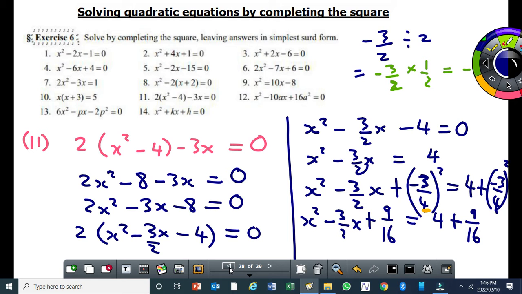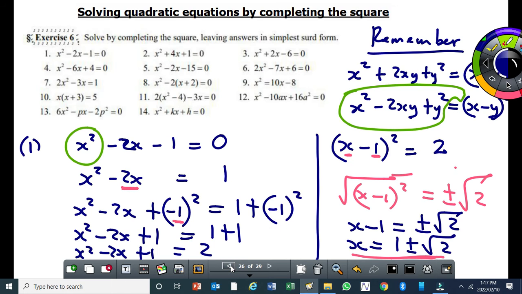The only way you can create a perfect square trinomial is by adding the square of half of the coefficient of x. So you find half of the coefficient of x, you square it, you add that on the left-hand side of the equation and the right-hand side. So you always have to square it. Yes, because the idea is to create a what?